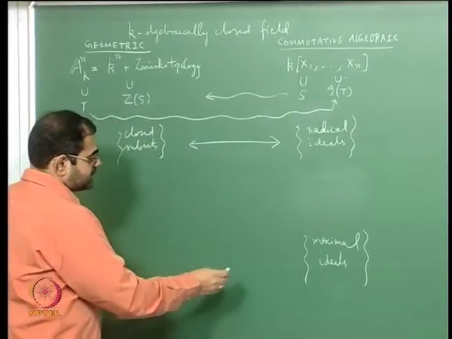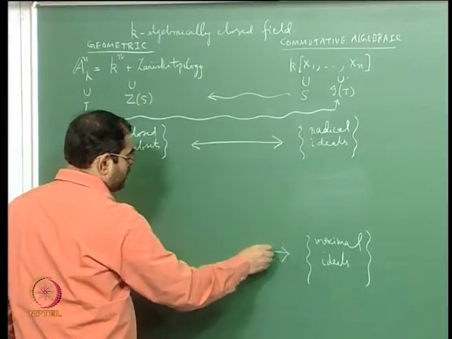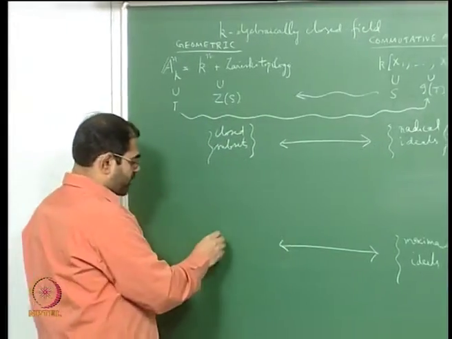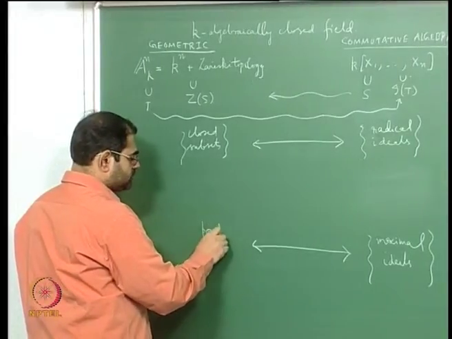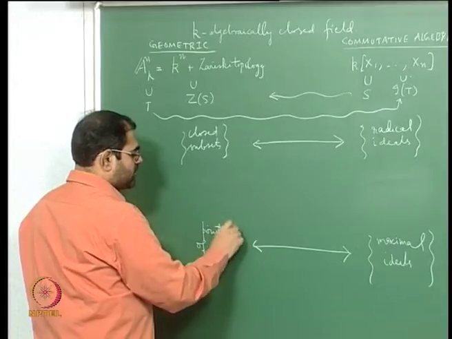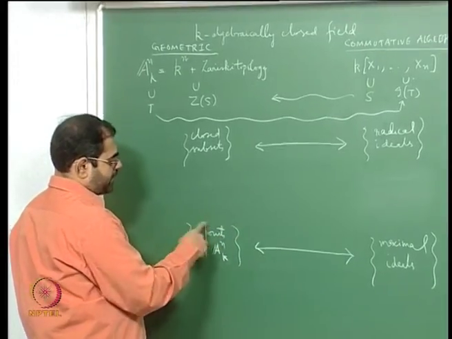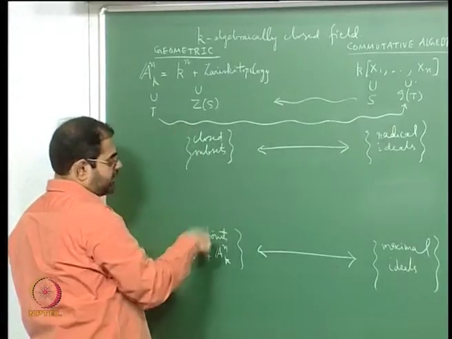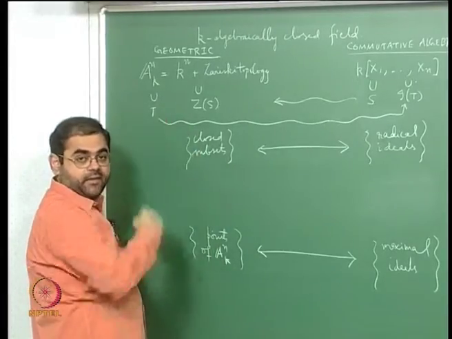And this, under this bijective correspondence, goes to the smallest possible closed subsets, which are actually the points. Of course when I say points, I'm thinking of a point here as a singleton subset of A^n, okay.